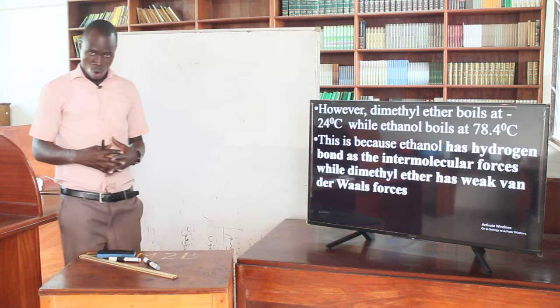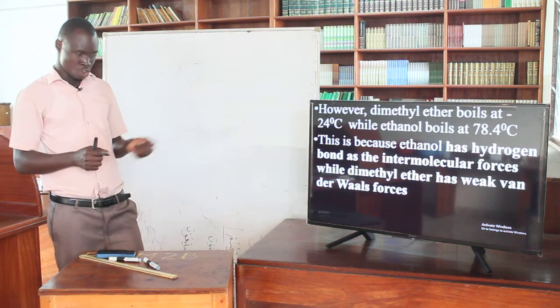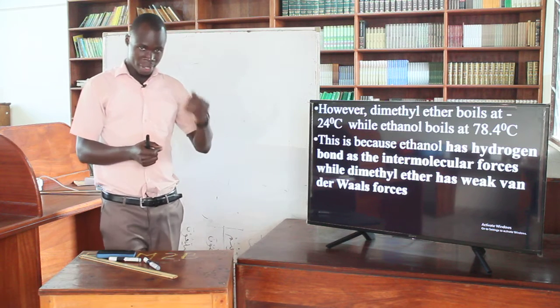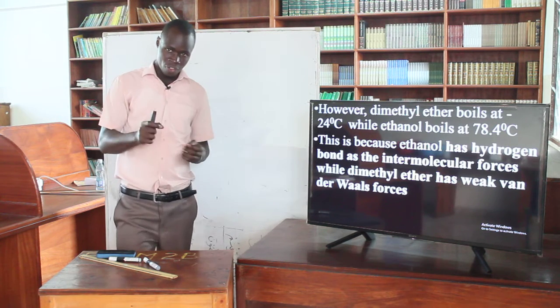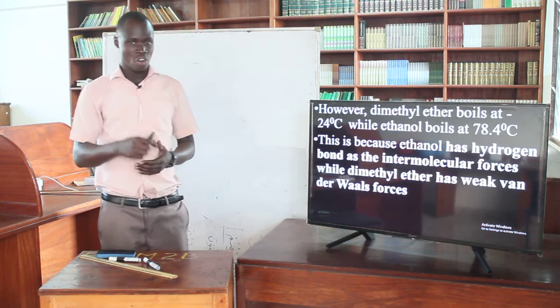But now, when somebody asks you to compare two substances with similar relative molecular mass, one thing you should look at is whether there's a hydrogen bond there or not.